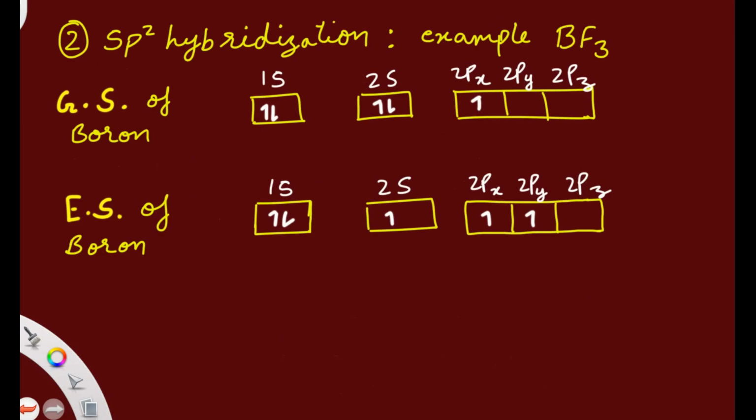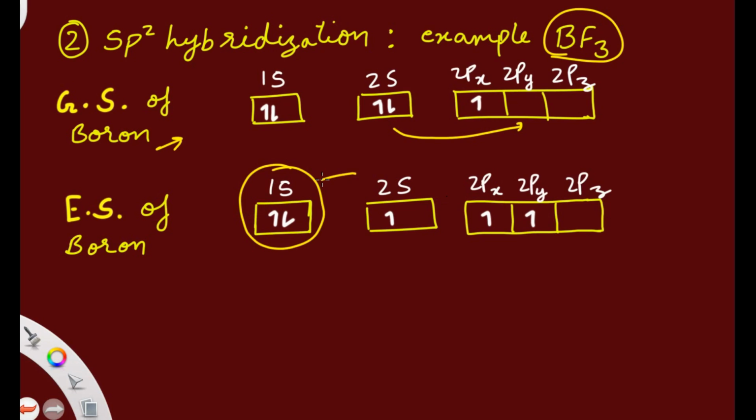Now let's talk about sp2 hybridization or sp2 hybrid orbital. Example is BF3. The ground state of boron is 1s2, 2s2, 2p1, right? Now in excited state, one electron will jump to the p orbital. Now the 1s will not take part in hybridization because of two reasons.